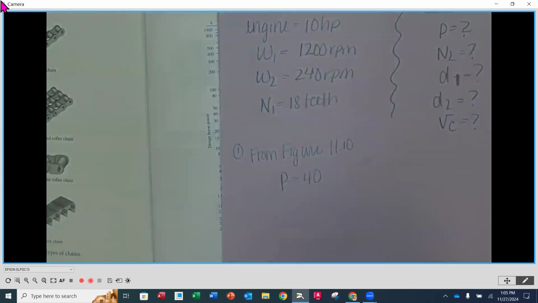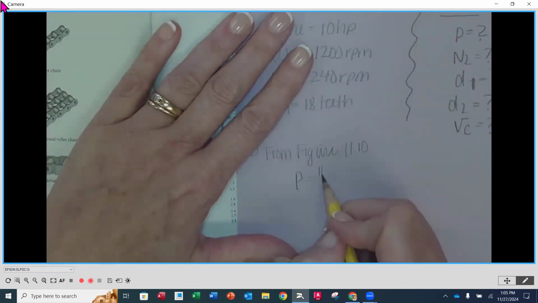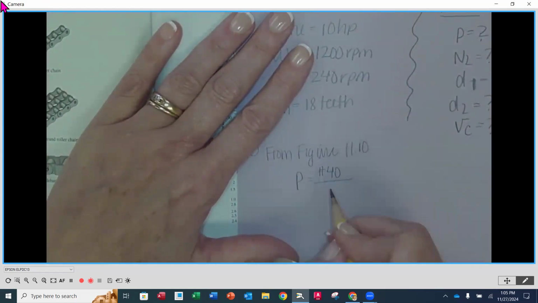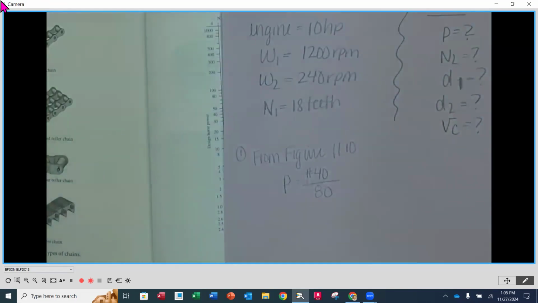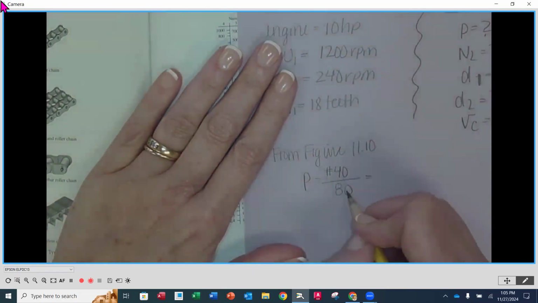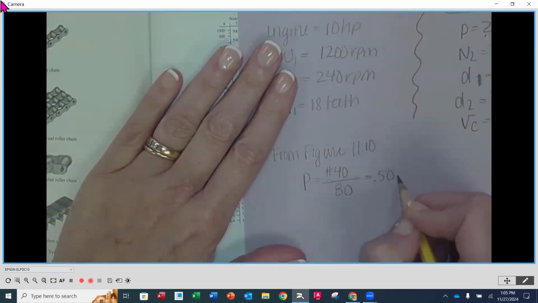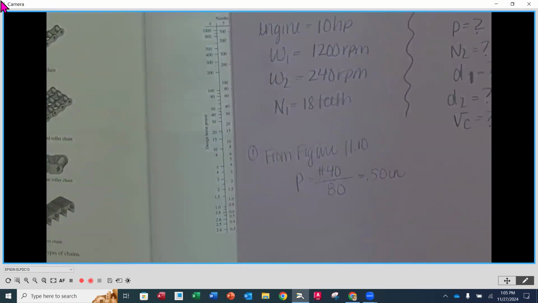I should say, to do this a little bit differently, this is going to be number 40 chain, and then we're going to divide that by 80 so that we get the actual distance of the chain. So it's going to be the number 40 roller chain, but the pitch is going to be 40 divided by 80. It's going to be 0.5 inch pitch. Does that make sense to everybody? Okay, that's how we get that value.